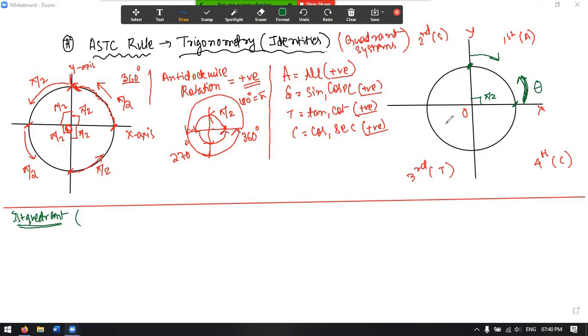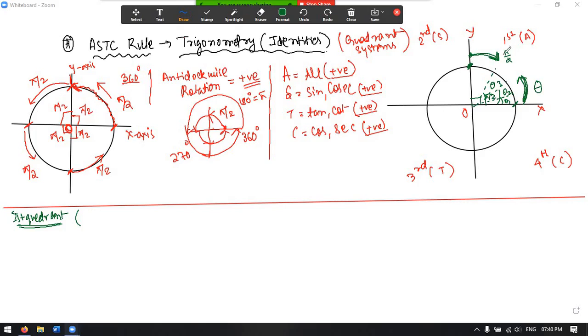Because if we are going, let's say this is theta 1, this is theta 2, this is theta 3. But if you are coming from this point to this point again back, that means you have already traveled 90 degrees.